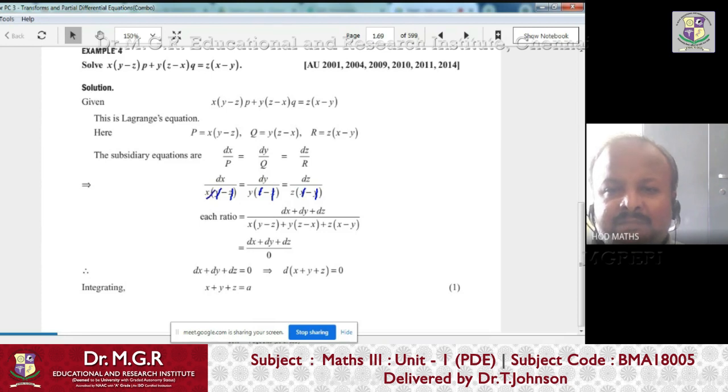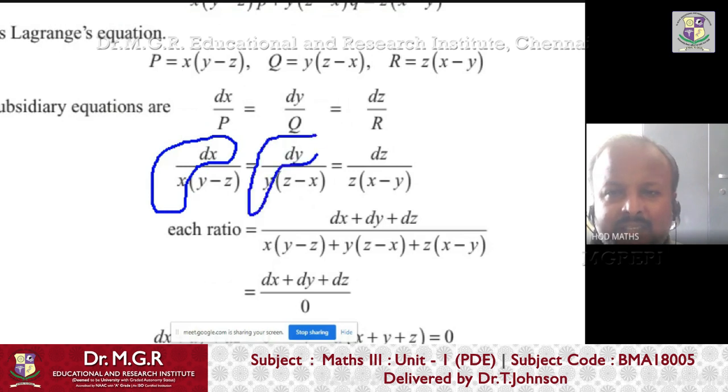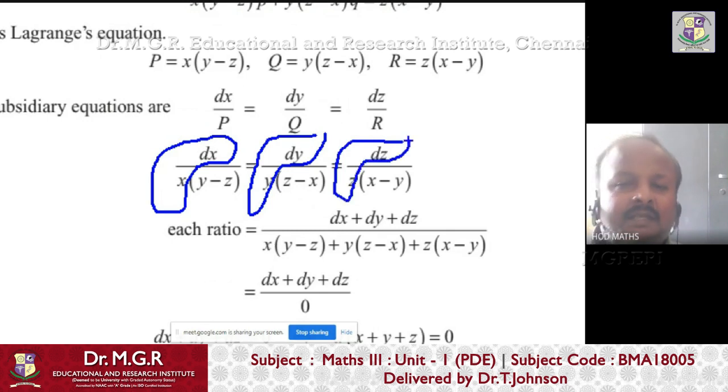They write dx by x as a single term, and dy by y as a single term, and dz by z as a single term, and they consider these as the numerators and all these things in the denominator.